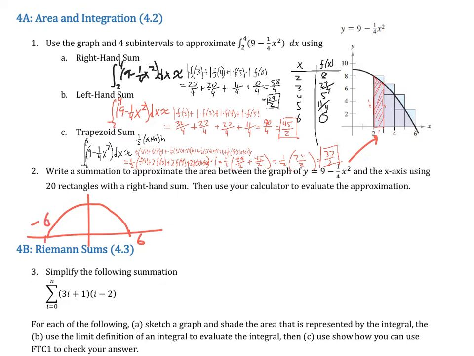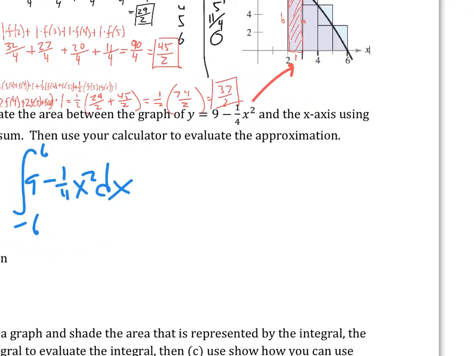So we want to find this whole thing. So the twist here is we need to integrate this from negative 6 to 6. So we're going to find the integral from negative 6 to 6 of 9 minus 1/4 x squared dx. That's where we're headed.